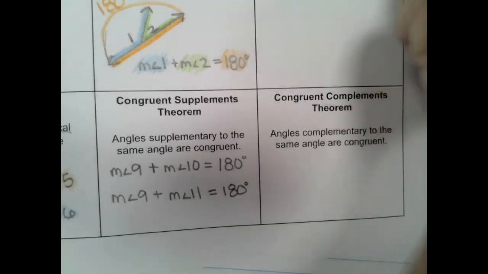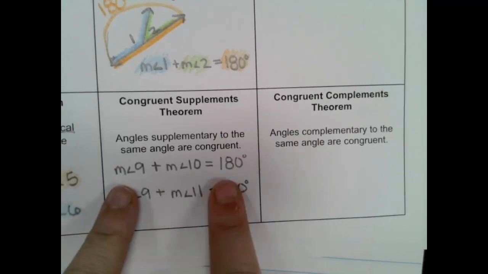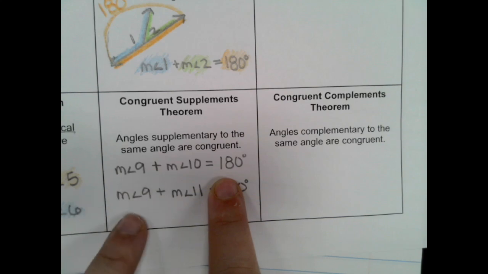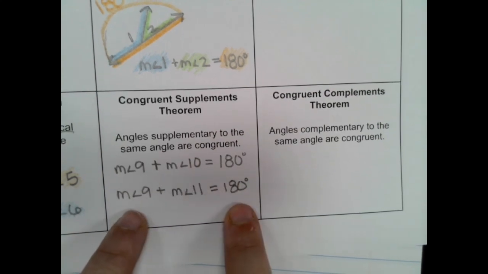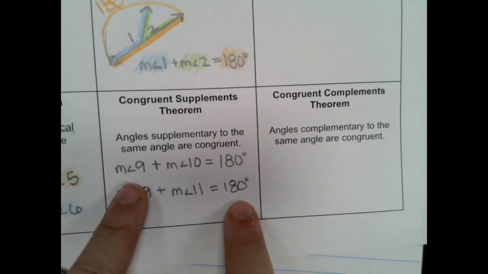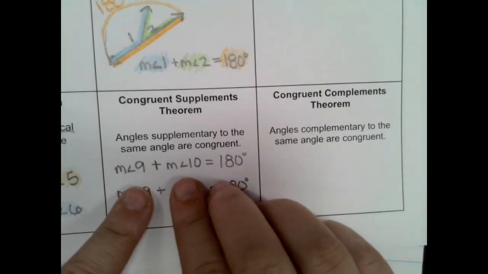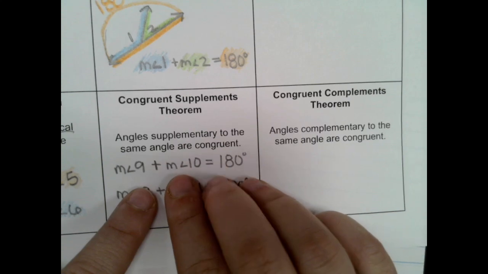Thank you. Alright, so if I have two numbers that add up to 180, I keep one of the numbers. Do these numbers have to be the same in order to still equal 180? No? Let's say angle 9 was 100 degrees. What would angle 10 have to be? 100 plus what is 180? 80.